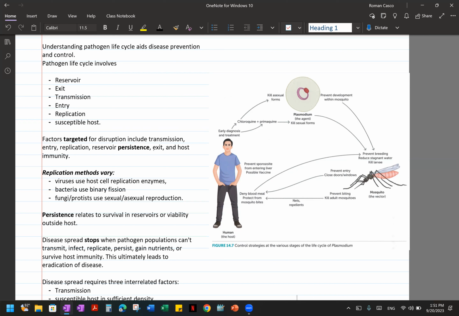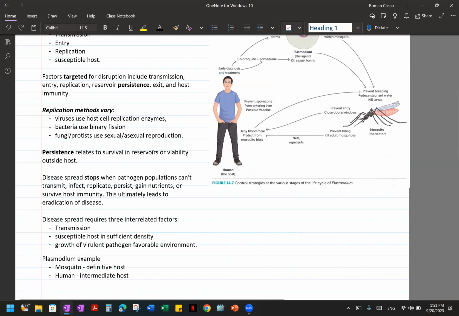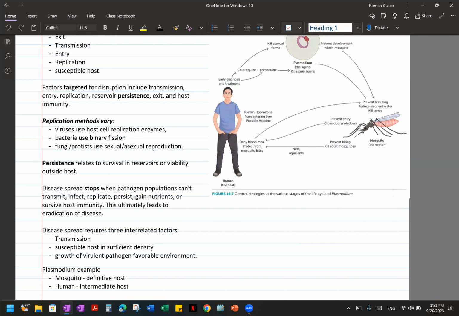Okay, so again, make sure you remember this. I won't go over every detail because we've just gone over it a couple of sections before. But what you do need to emphasize is what you want to target. If you want to stop this pathogen life cycle, generally you want to disrupt its life cycle.